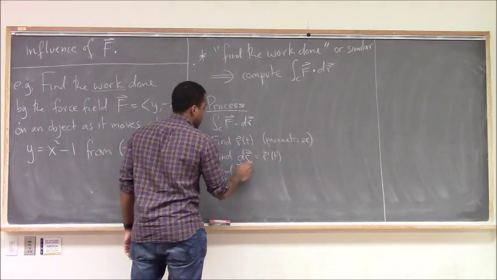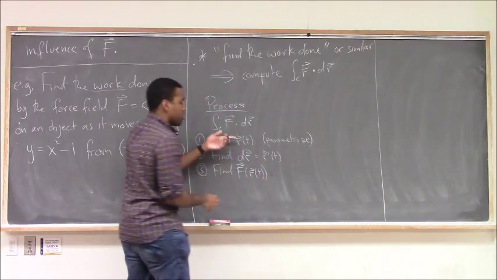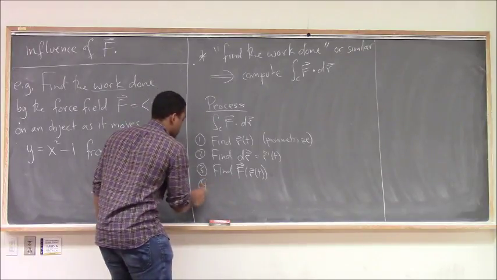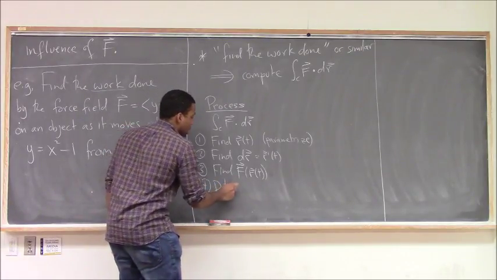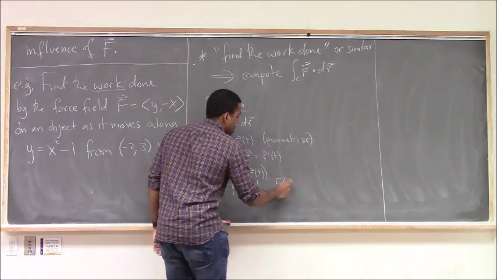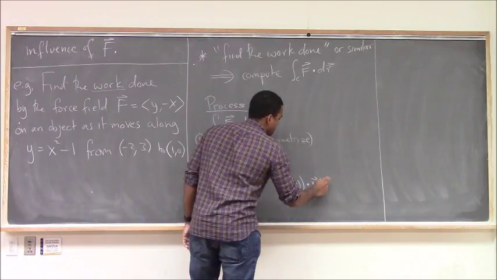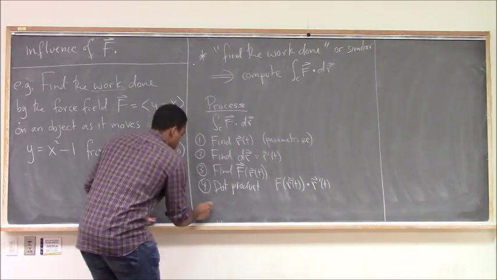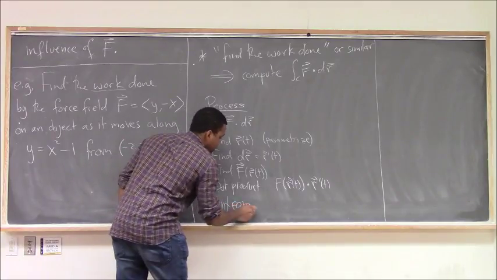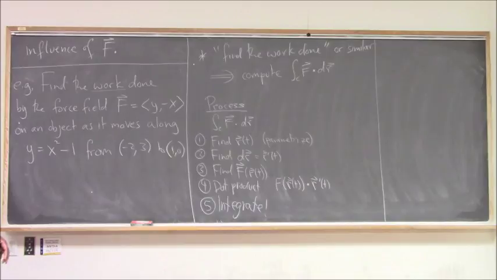Then find your F of r of t, which means you plug your parameterization into the given vector field. Then take the dot product of F of r(t) with r prime, and integrate. So that's the process.